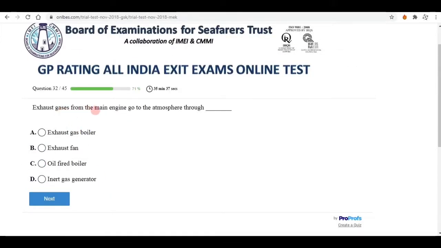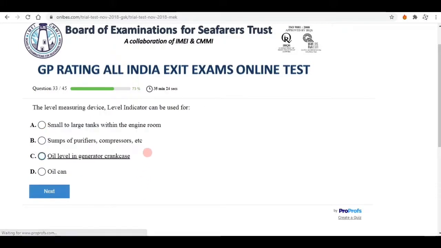Exhaust gases from the main engine go to the atmosphere through what? So the exhaust gases from the main engine go to the atmosphere through the exhaust gas boiler. Okay. The level measuring device, level indicator can be used for what?